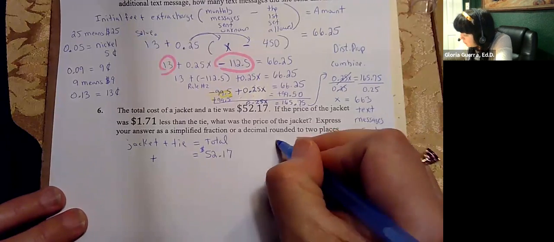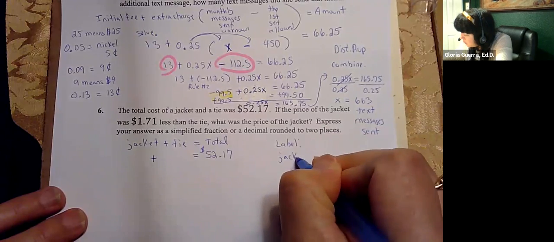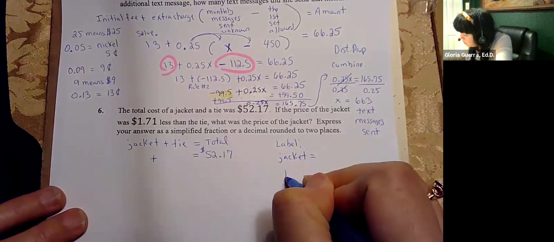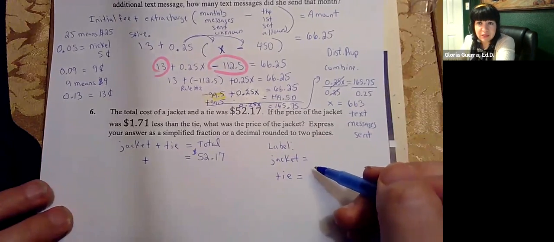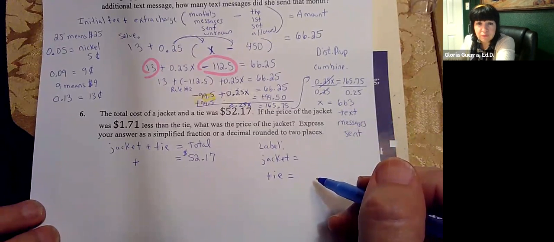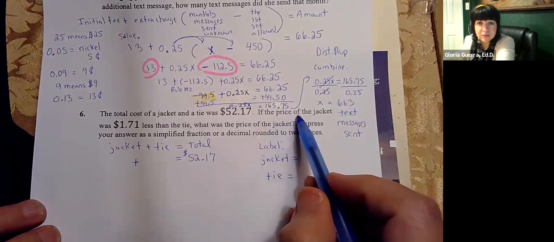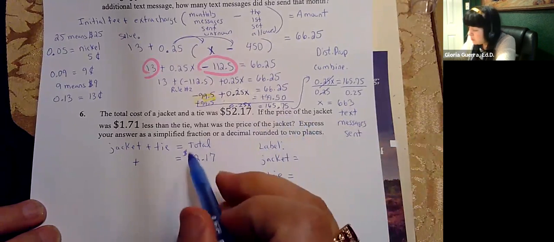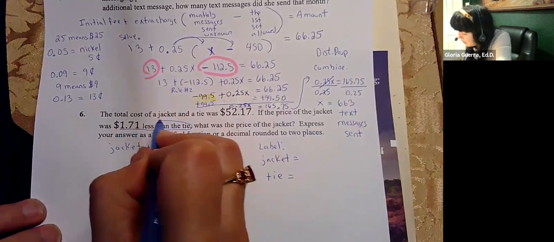So when we do our labels here, you need to find out who is the unknown. Is it the jacket, or is it the tie? One of these is X, the unknown, and one of these is described in terms of the X. So if the price of the jacket was $1.71 less than the tie.